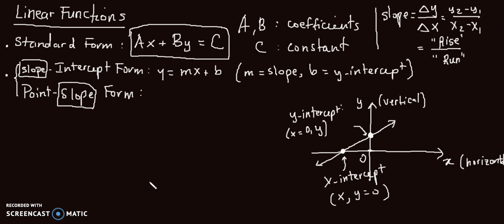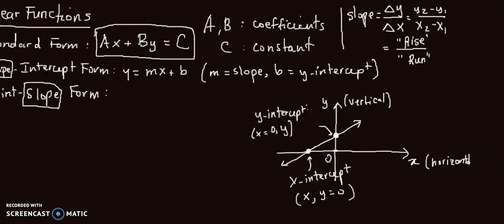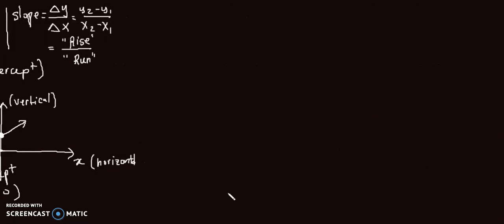Now let's try to graph the slope-intercept form, y equal to mx plus b. Now you have the intercept here. Just to remind you, in order to have a line like this, you only need to know 2 points, and the line will cross these 2 points.